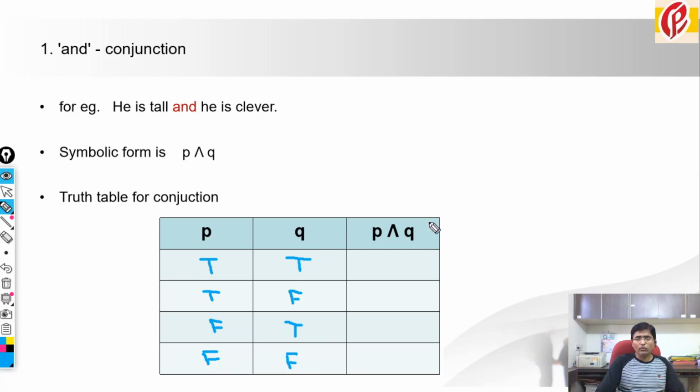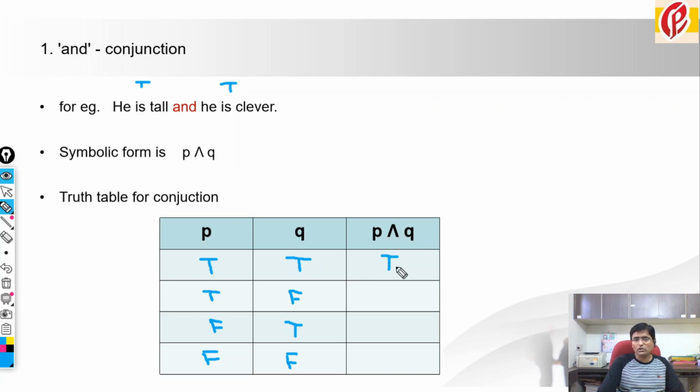Now we will find the truth values of this conjunction. Now see, if P is true, means if this statement is true, and Q is true, means this statement is true. If both are true, then this whole statement is true. Remember this. If both are true, then this whole statement is true.